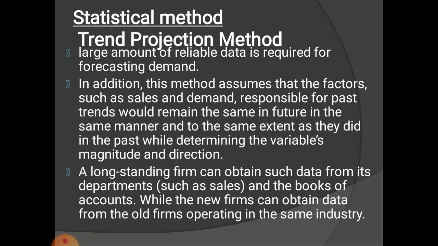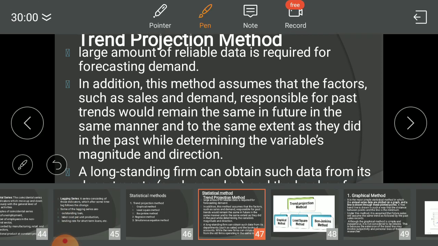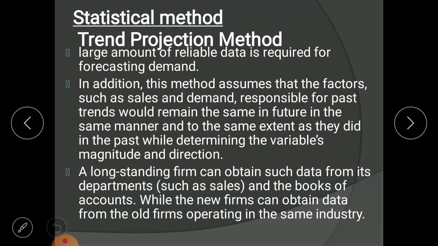The first method is trend projection method. The name itself suggests what a trend is. Trend simply means whatever has happened in the past may continue in the present time and will continue in a future period of time. So that is called a trend. Generally, the word trend is associated with fashion. Generally, we say what trend is going on for a particular cloth.